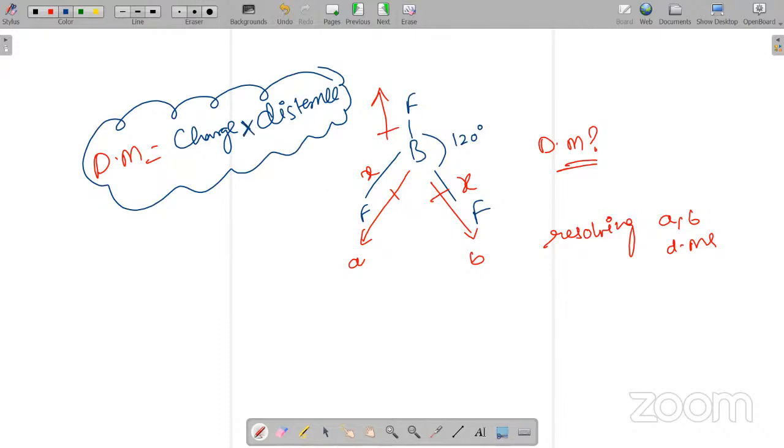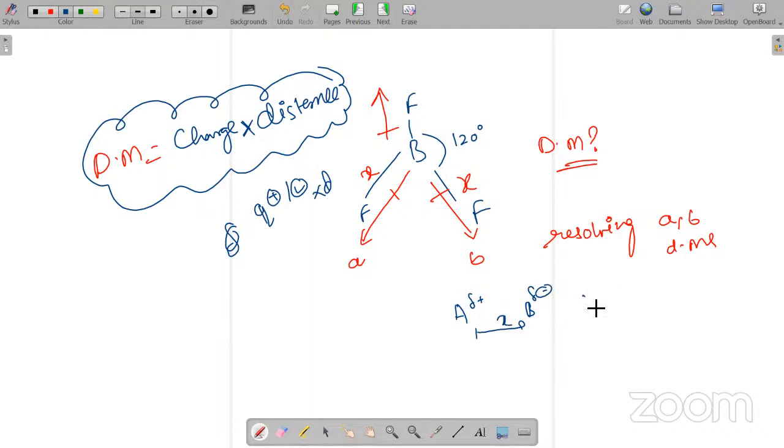So Q into D, the distance between them. Let's suppose this is A delta plus and B delta minus, and the distance between them is x. So that is x we are going to use.